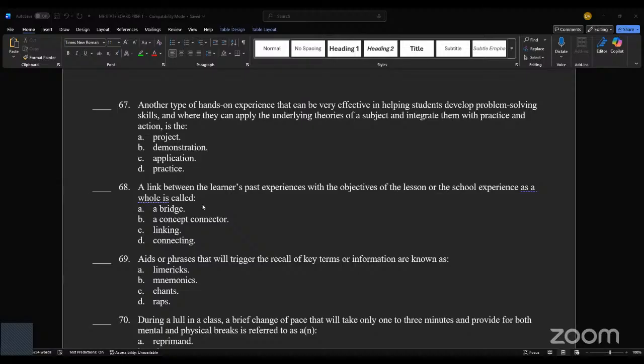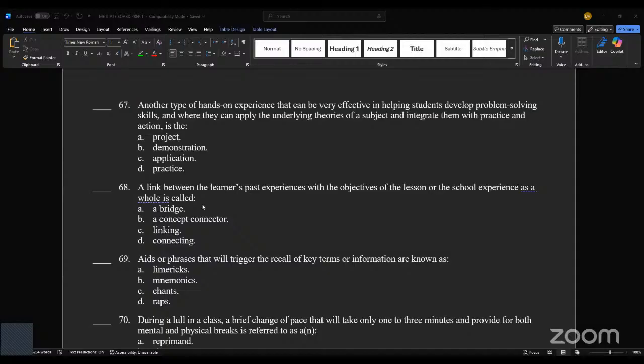So you can say, hey, we're talking about hair cutting. Someone is going to have a story about a bad haircut, one of their favorite haircuts, somebody they know who cuts, some pictures, some video. Most people will have a connector. And so it's going to be a concept connector. You found something that they relate to. Okay. 68 is B.